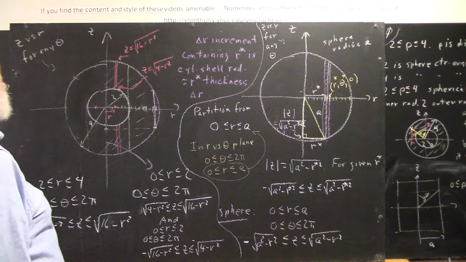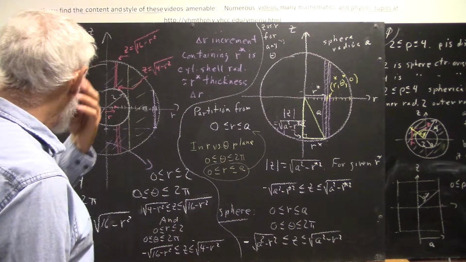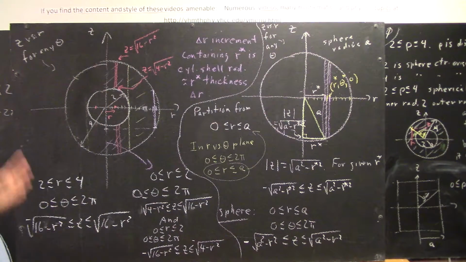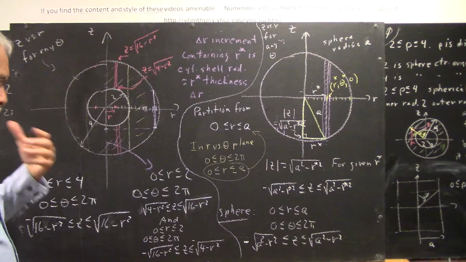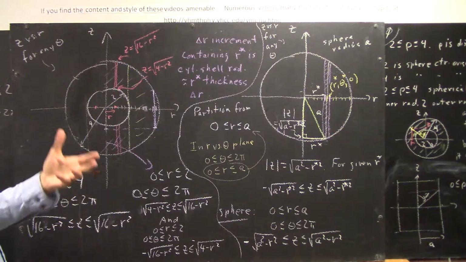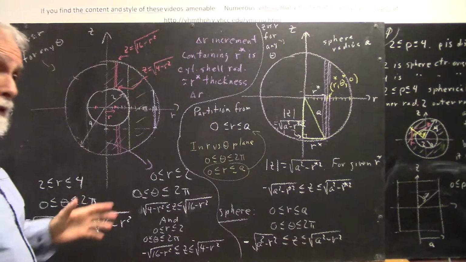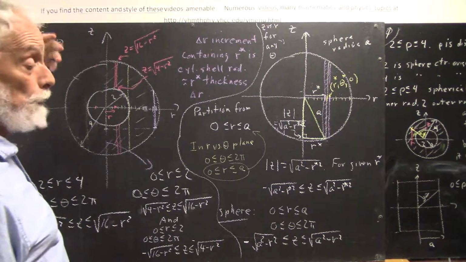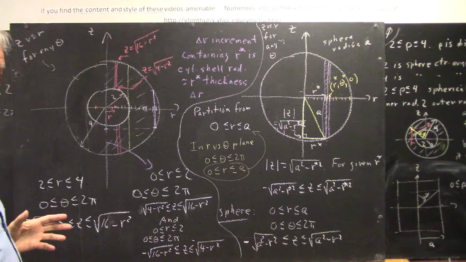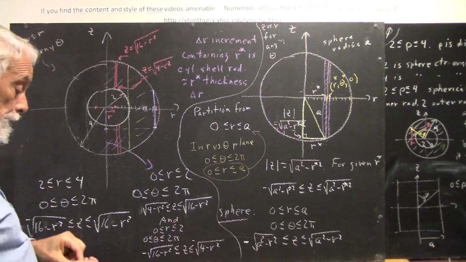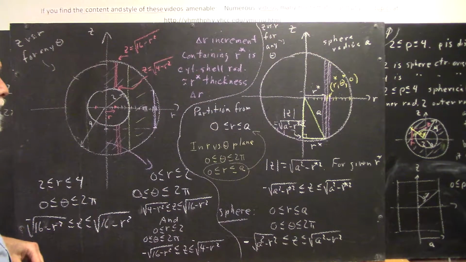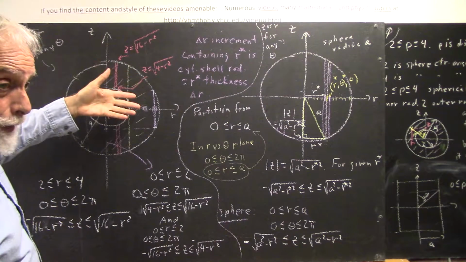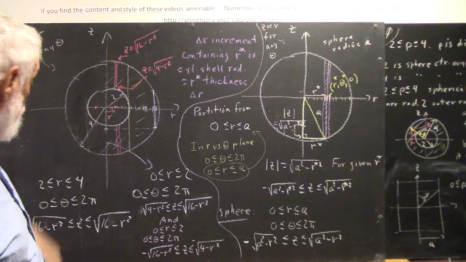So we have to describe this in terms of a split region. And that should be no surprise to you. You've done this with regions in the plane, so it's no different for regions in space. If we don't have just one way of describing our region, we have to split our definition.